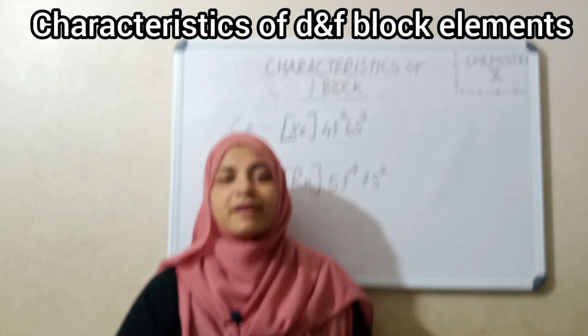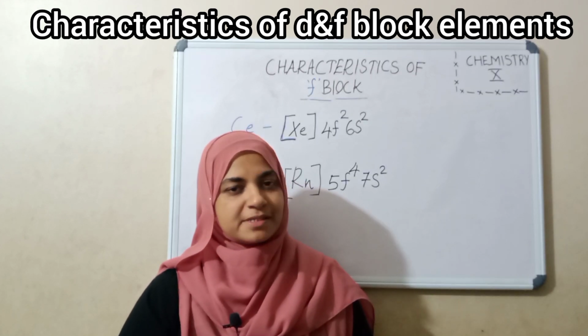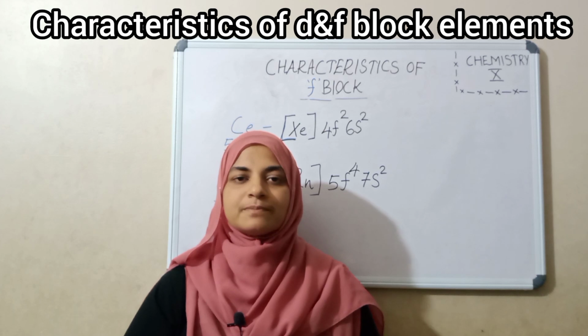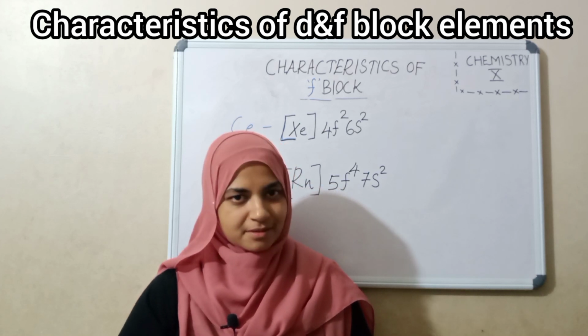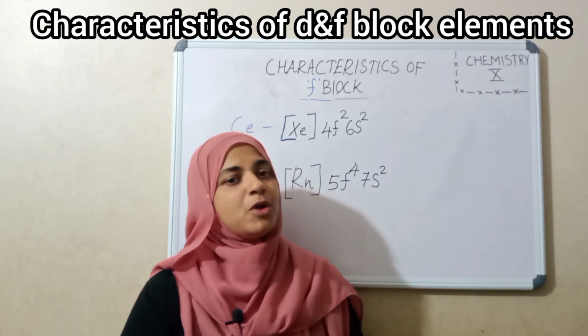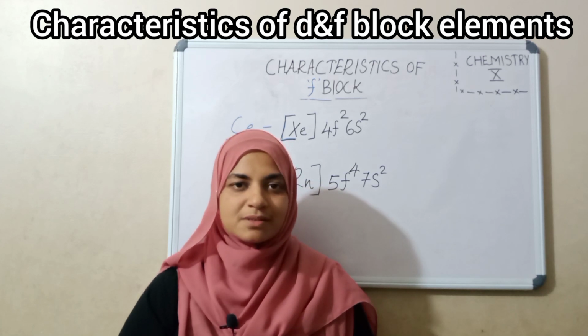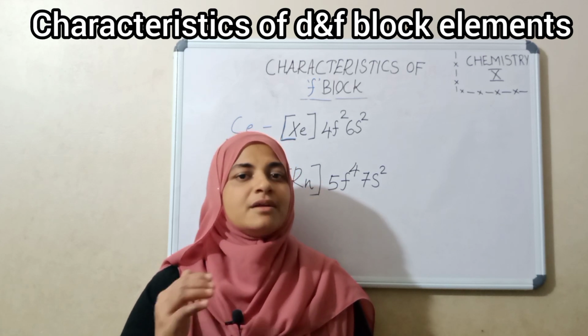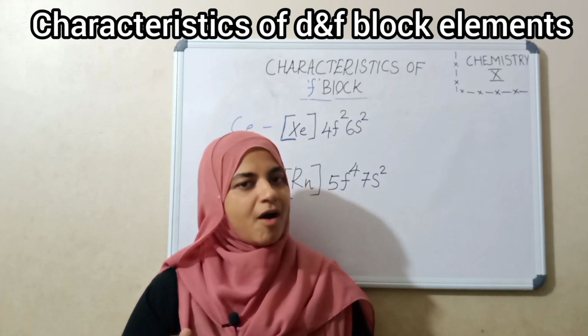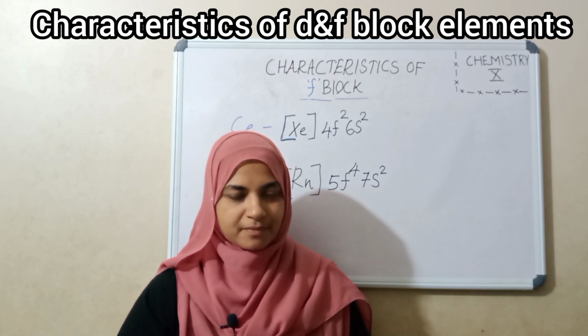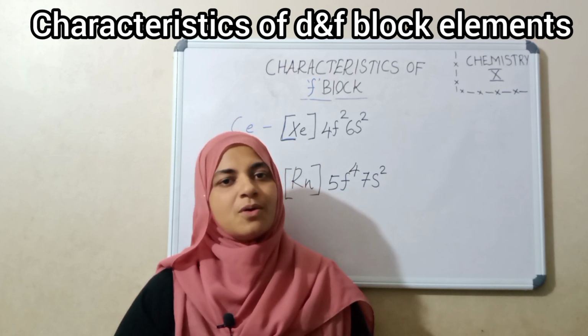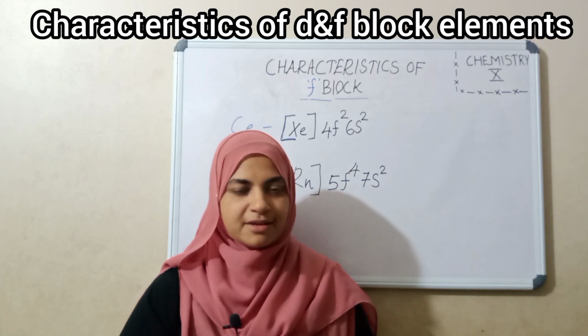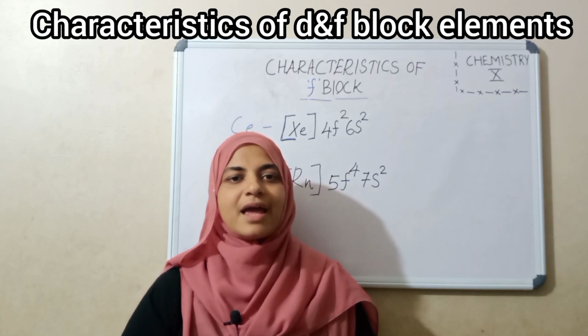Then the characteristics of f block elements are very similar to d block elements. For example, f block elements also show different or variable oxidation states. Then they are also used as catalysts like d block elements.